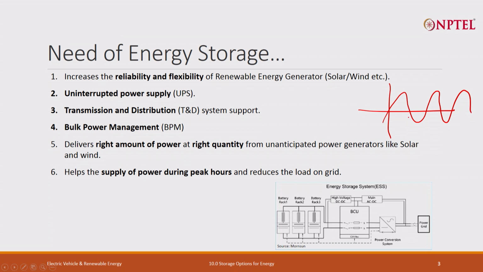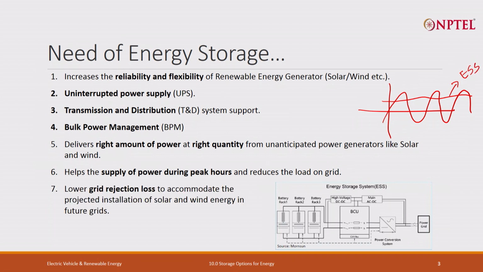So what you will try to do is average it out, and this averaging out can be done using energy storage. You also have the option of lower grid rejection losses, to accommodate all projected installations of the present or immediate future, solar and wind, and other sources also.